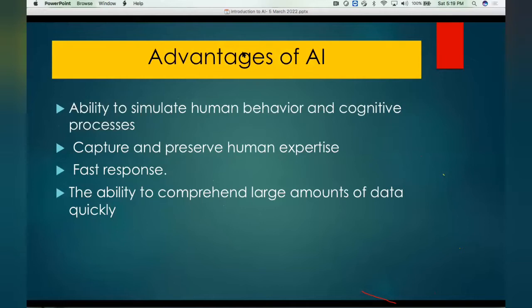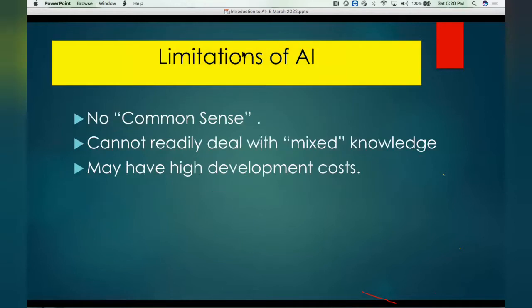What are the advantages? We are able to simulate human behavior and cognitive processes. We can capture and preserve human expertise. There is fast response, and we can analyze a large amount of data quickly. But it has limitations.